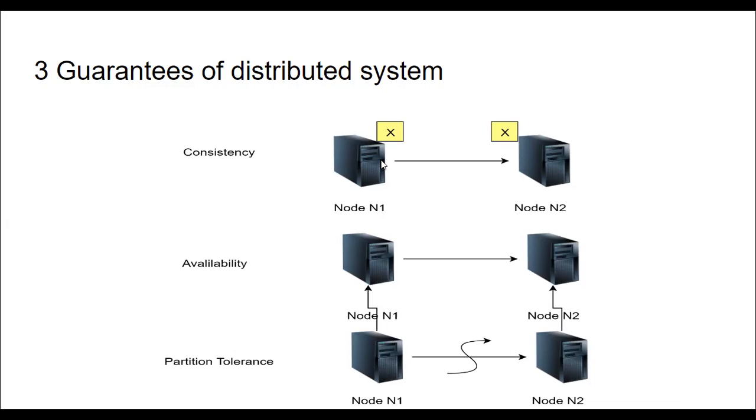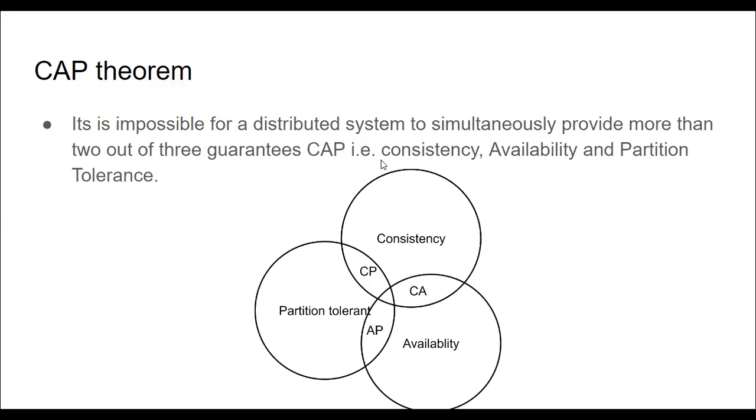These two nodes are not in sync, but they'll continue to send the data. Now these three guarantees are known as the CAP theorem. CAP theorem is very important. It means it's impossible for a distributed system to simultaneously provide more than two out of three guarantees.